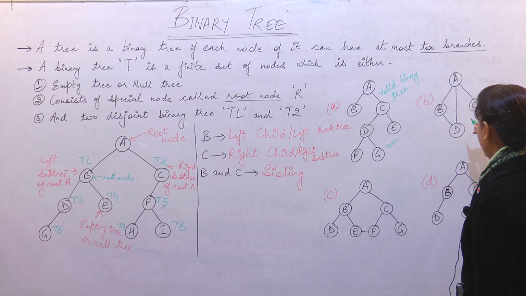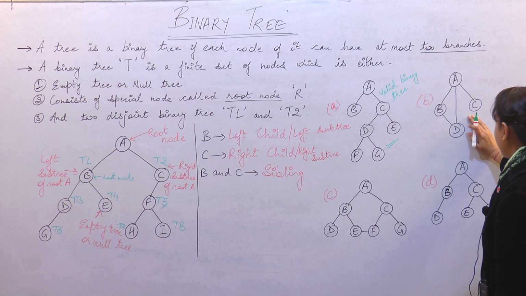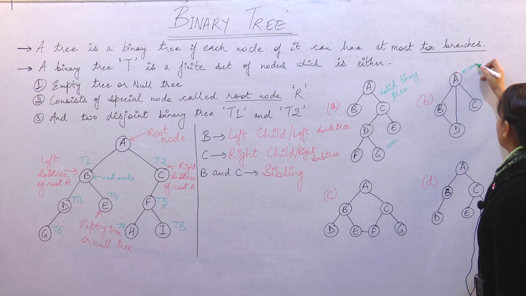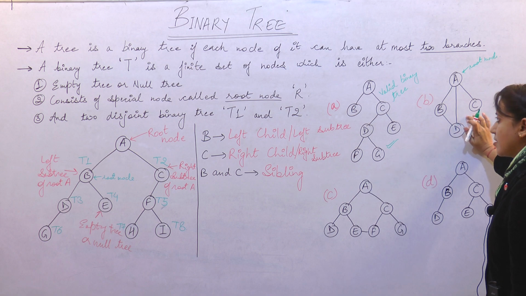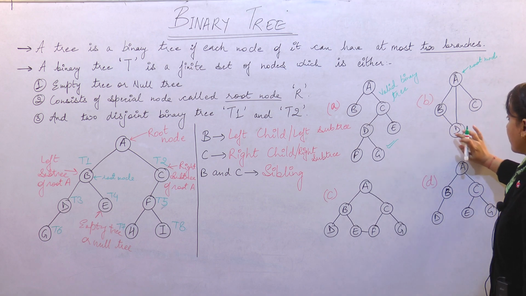Now taking second example B, in this example we are having a tree. Here A is the root node. A is having two children B and C. Yes, the property gets fulfilled. B is having one child.